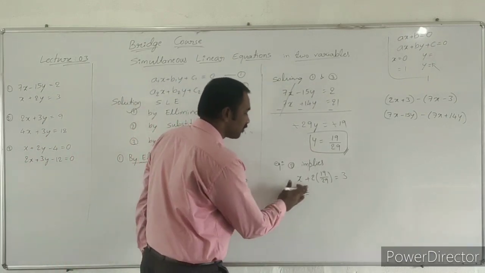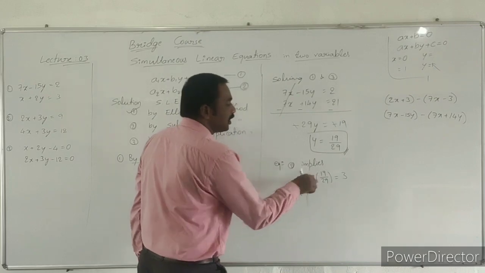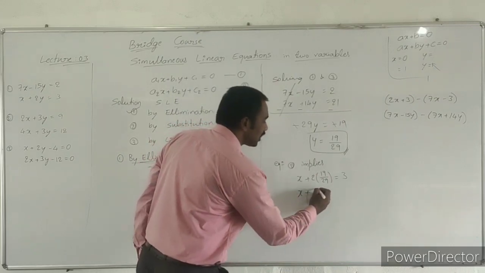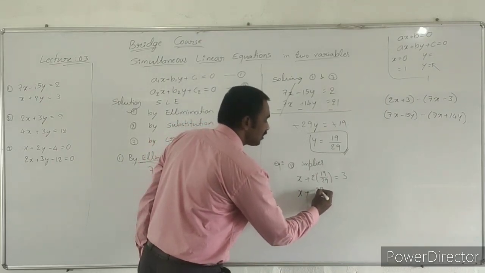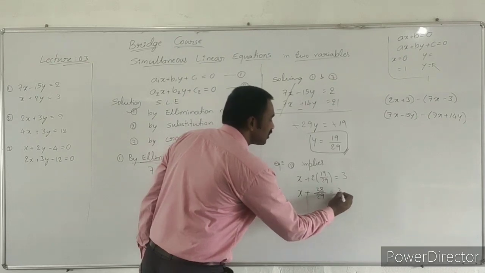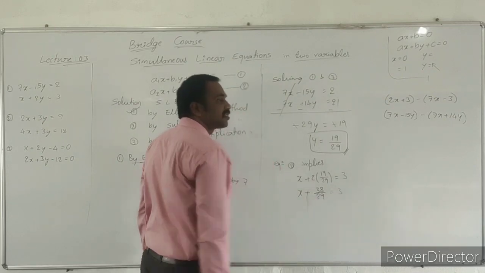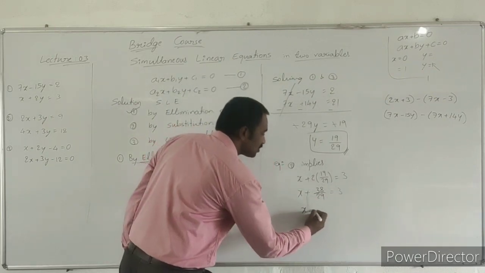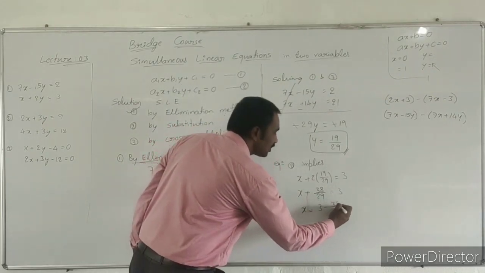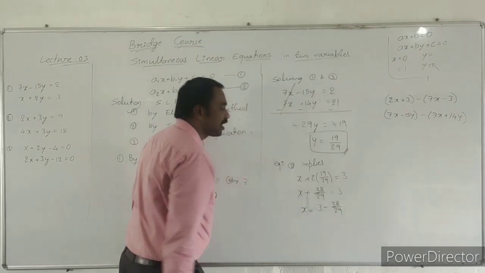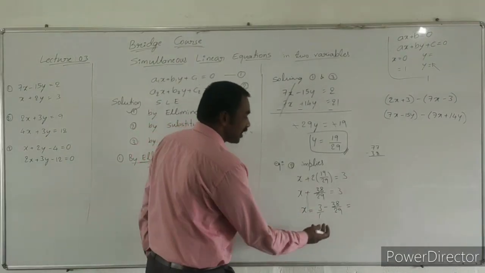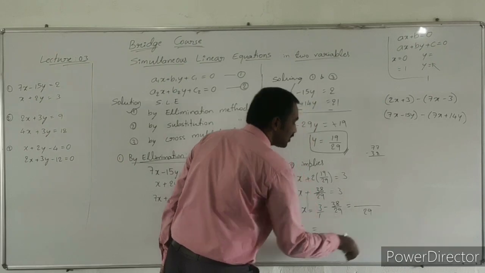Simplifying, 2 into 19 is 38, 38 divided by 29 is equal to 3. Shifting to the right-hand side, x is equal to 3 minus 38 divided by 29. Now 29 is the LCM.